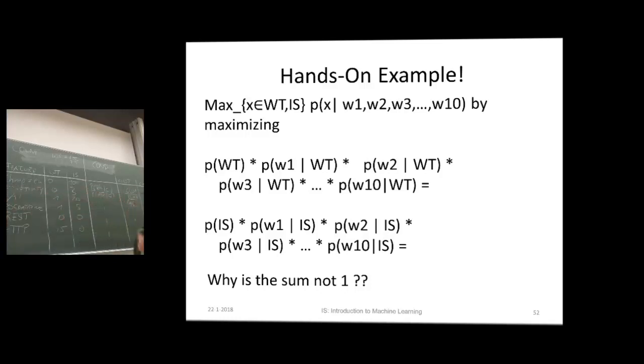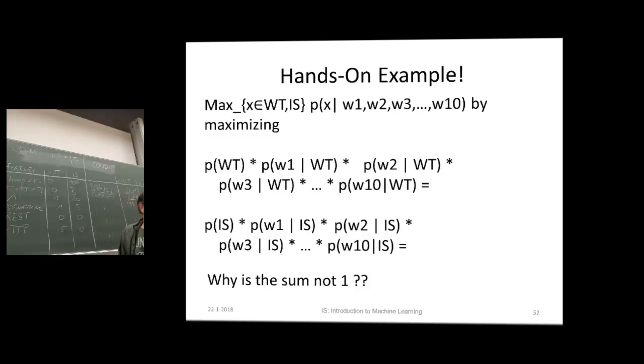We have to calculate the probability of this being a web technology guess or an intelligent systems guess by filling in the prior probability, as we have learned it before in our training set. So we know the prior probability and the conditional probability of ML occurring for IS and so forth.